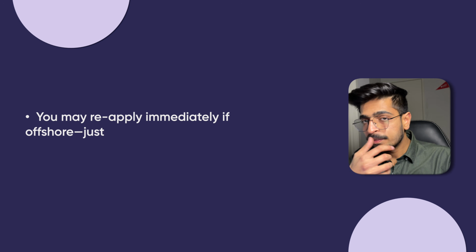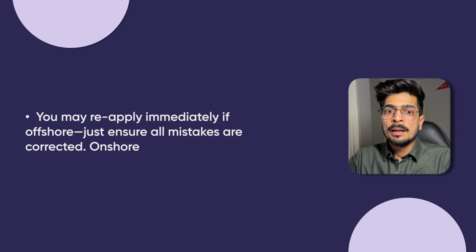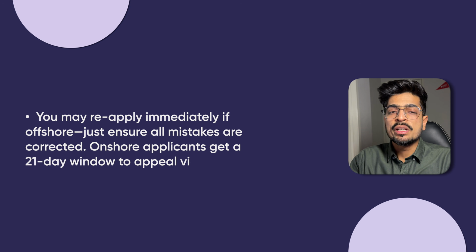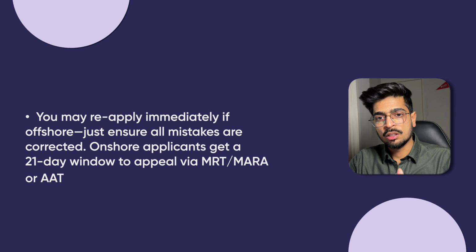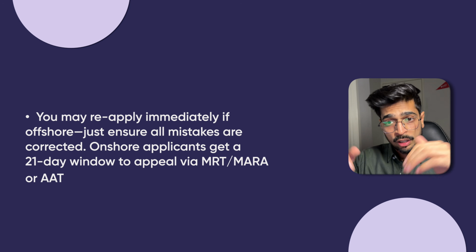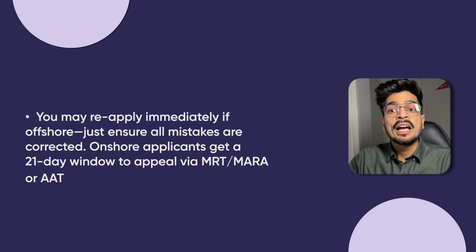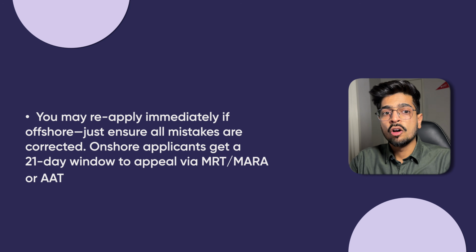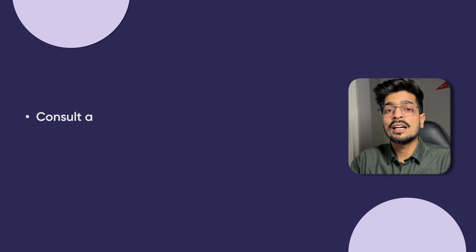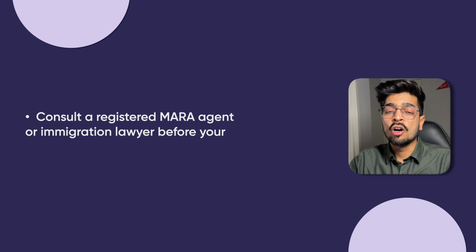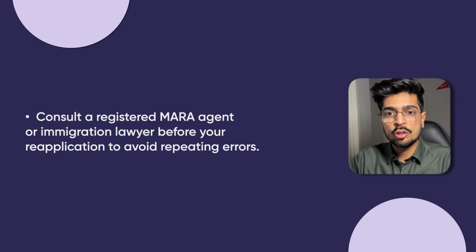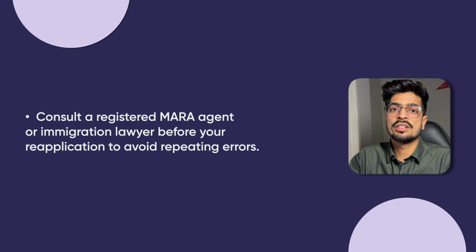Now you may reapply immediately if you're offshore, obviously, but just ensure all the mistakes have been properly corrected. And onshore applicants who are already here get a 21-day window to appeal via the MRT or AAT. The main thing is to consult a registered MARA agent or immigration lawyer before your application, to avoid repeating the decision and getting a rejected outcome again, right?